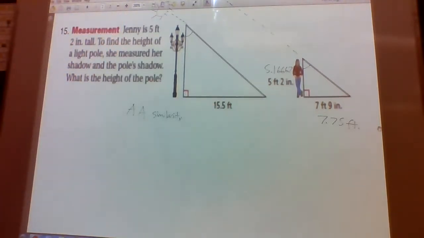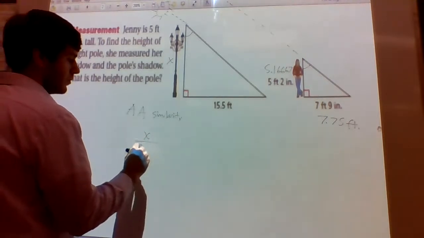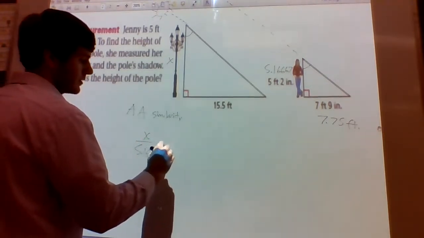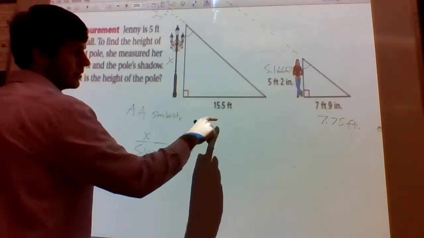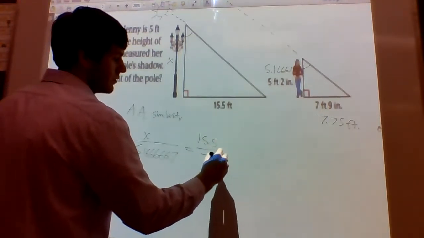So these are similar triangles, and we can set up a proportion. X is to 5.1666667 as 15.5 is to 7.75.